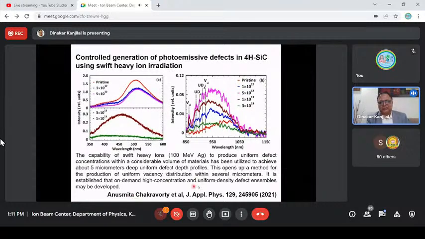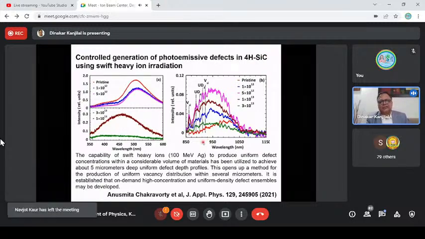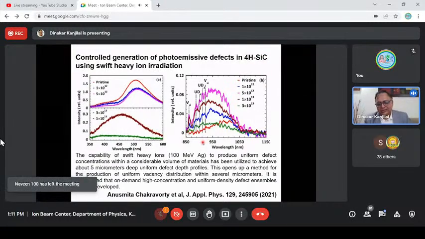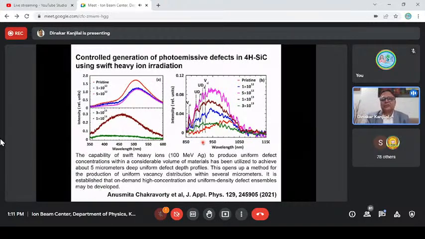I can show one of our works where we have shown that over a large area we can create nitrogen vacancy related defects in silicon carbide. Silicon carbide is hot today, like zinc oxide was 20 years back. Nowadays it is getting hotter day by day due to quantum materials.